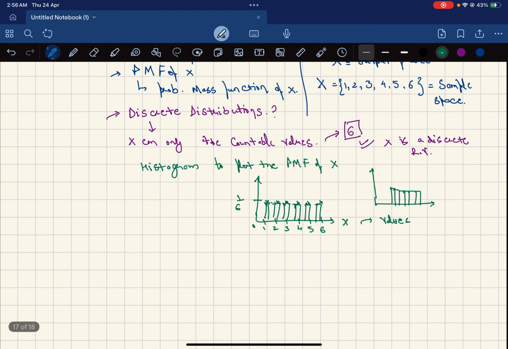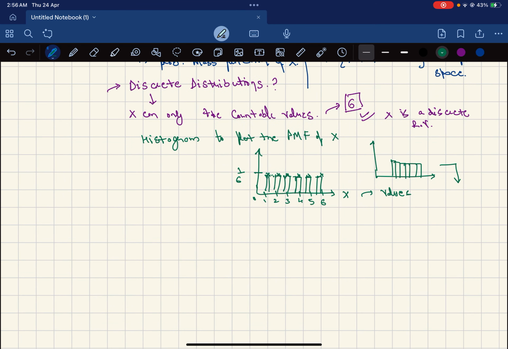So in a way, we can call these to be made as P of 0.5 to 1.5 equal to P of 1.5 to 2.5, and so on till P of 5.5 to 6.5, to be equal to 1 by 6. This is just to convert the discrete random variable into a particular binning form.